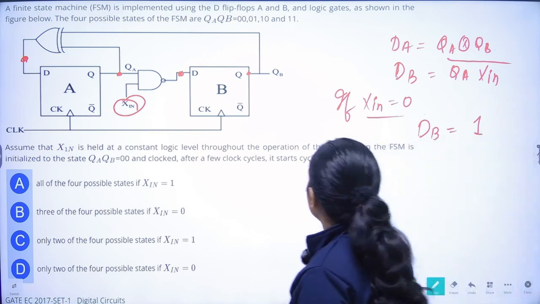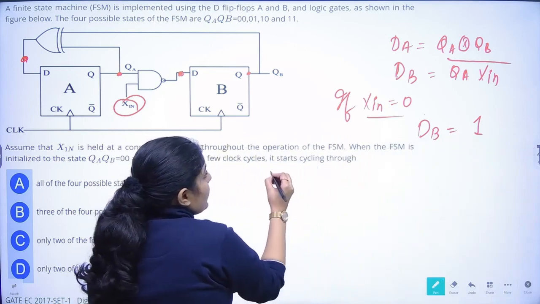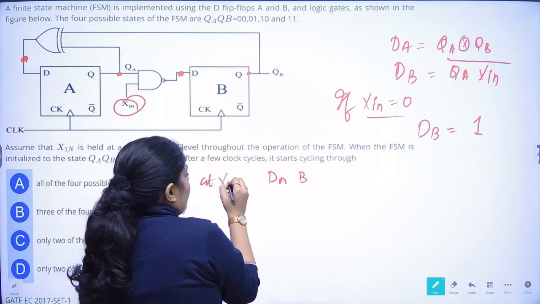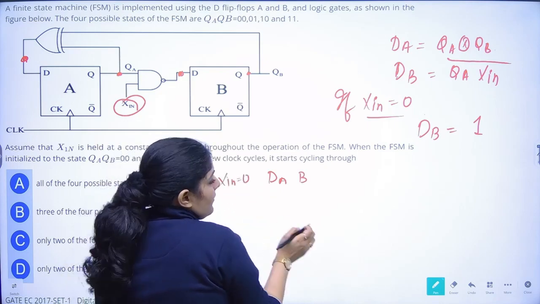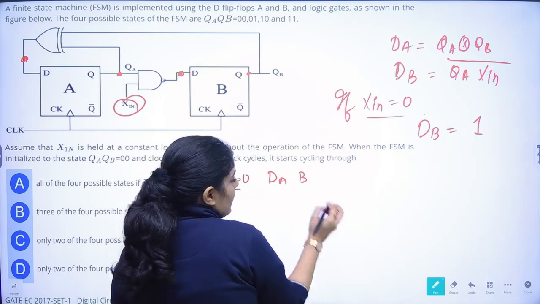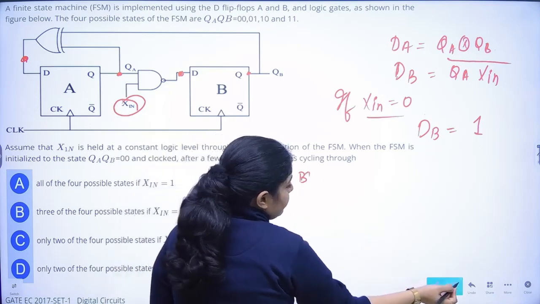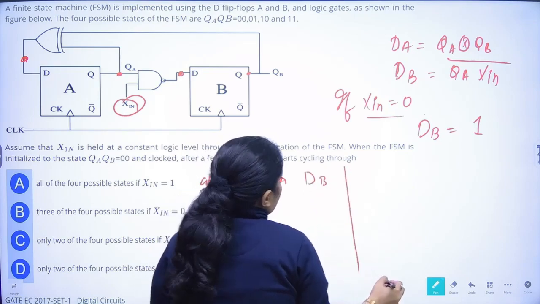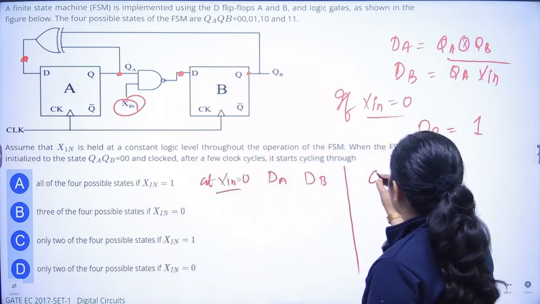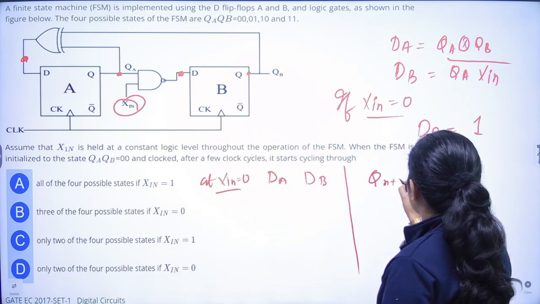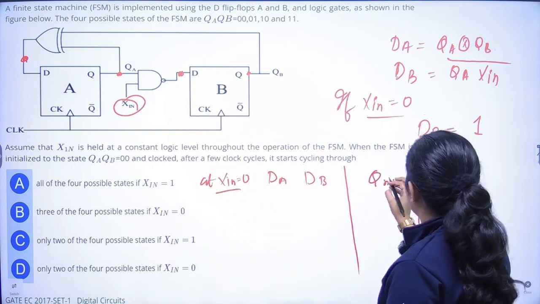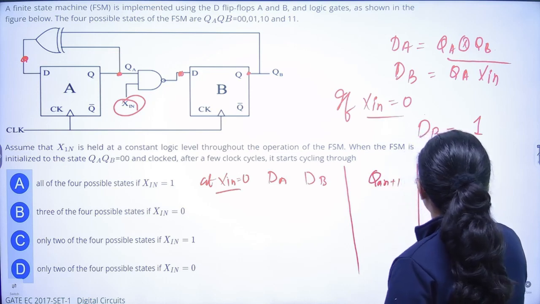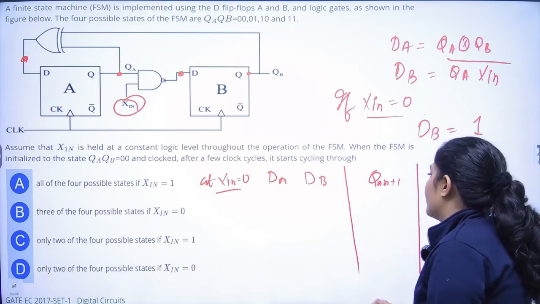So now we can easily draw the truth table. So at X in is equal to 0, we have DA, DB and the next states, Q of A n plus 1 and Q of B n plus 1.